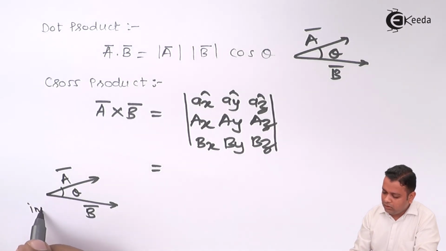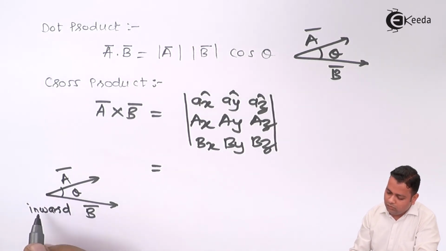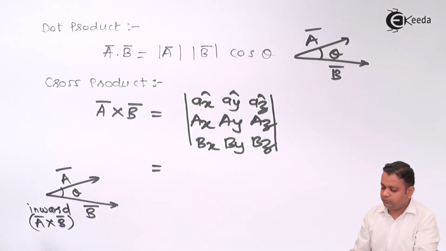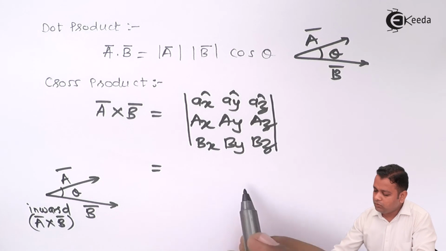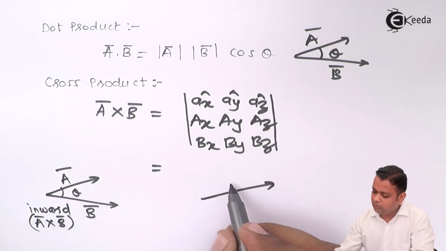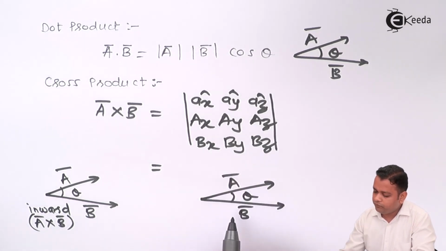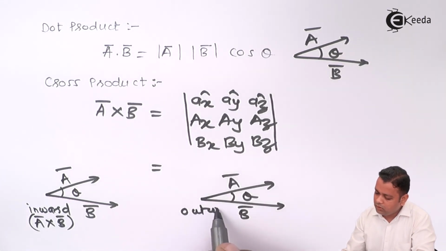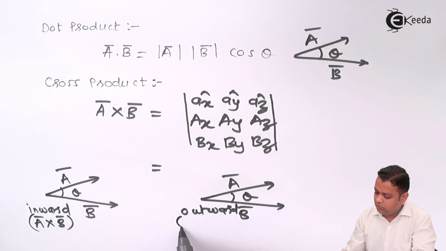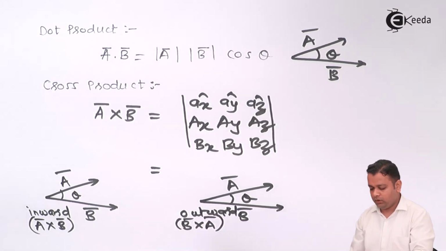So I write inward for a bar cross b bar. If we have to take b bar cross a bar, this will be outward.